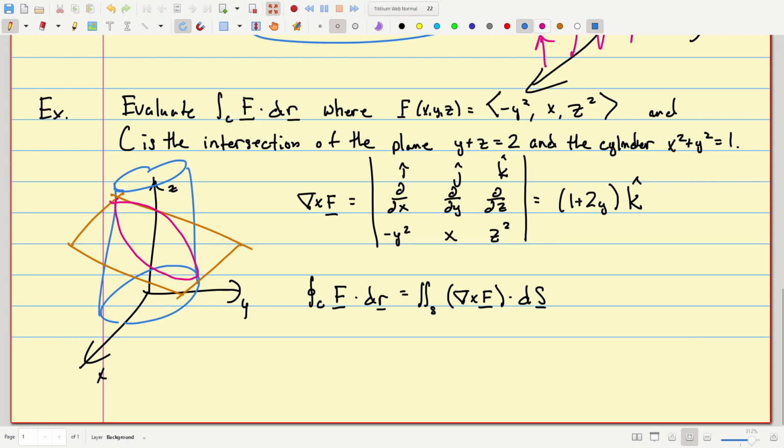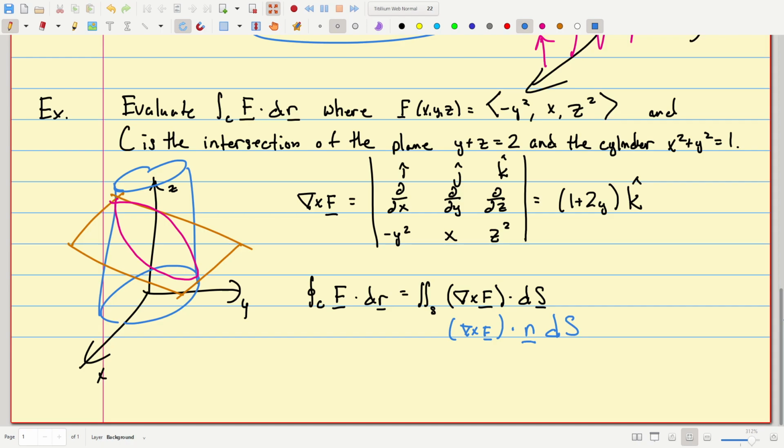Just for clarification purposes, this dot dS notation, and do note that I have been underlining the S here, the way that this is interpreted is it looks like this.